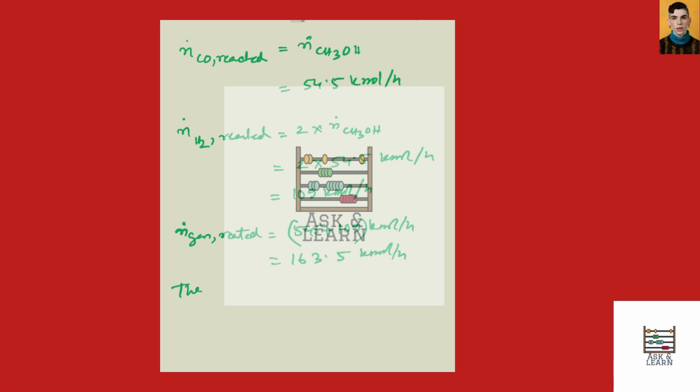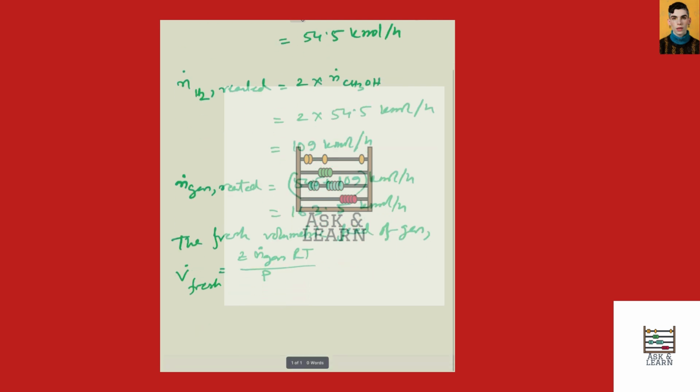Then the fresh volumetric feed of gas is the Z factor multiplied by the number of moles of gas, R, T, divided by pressure.